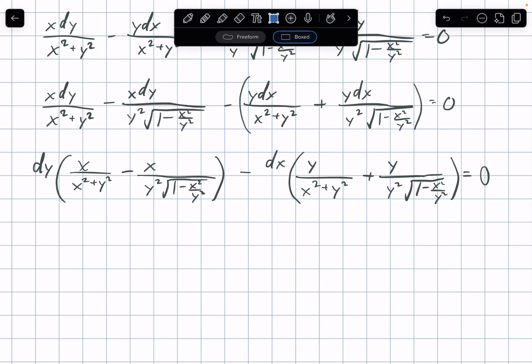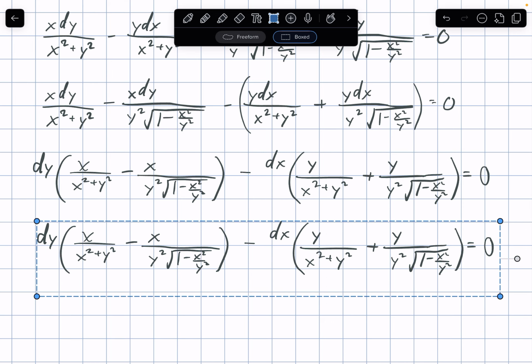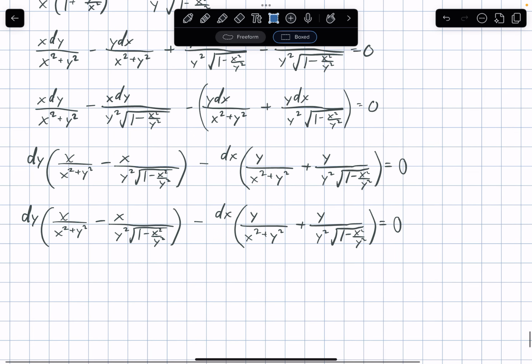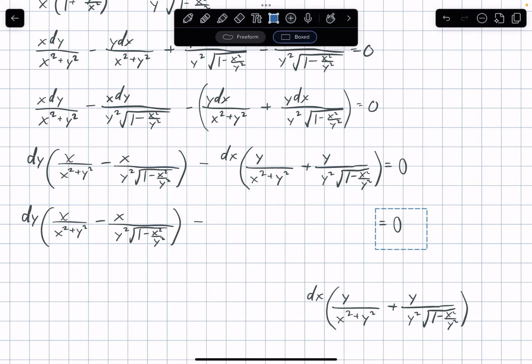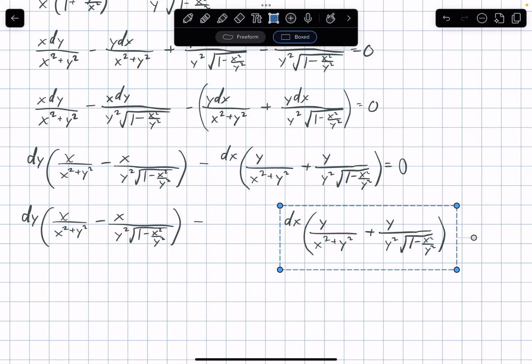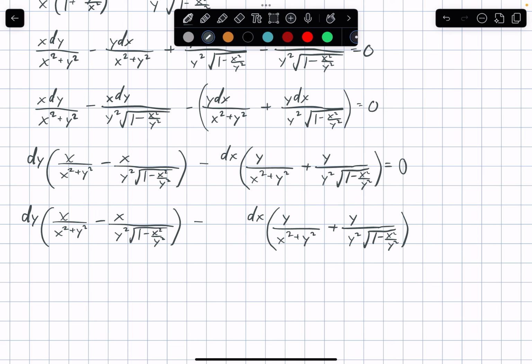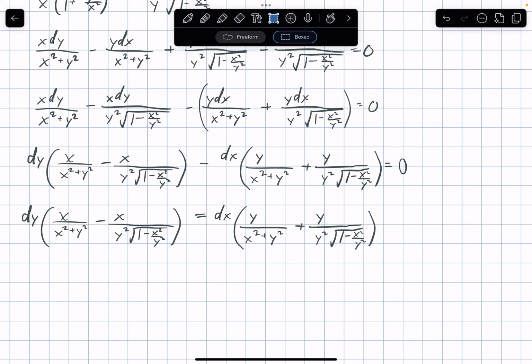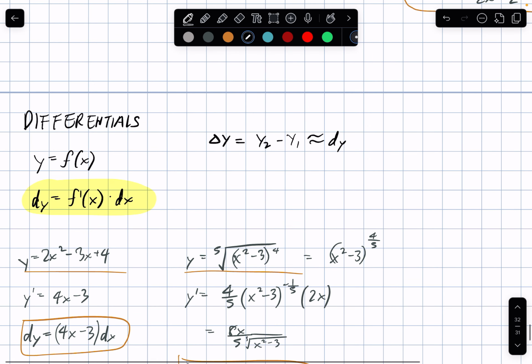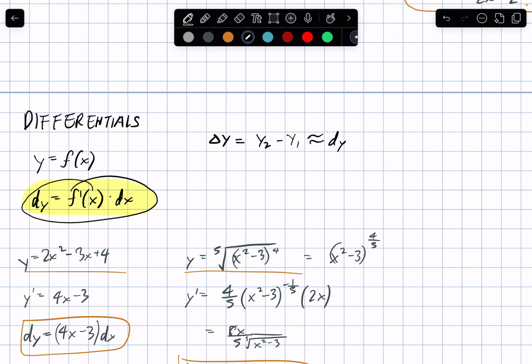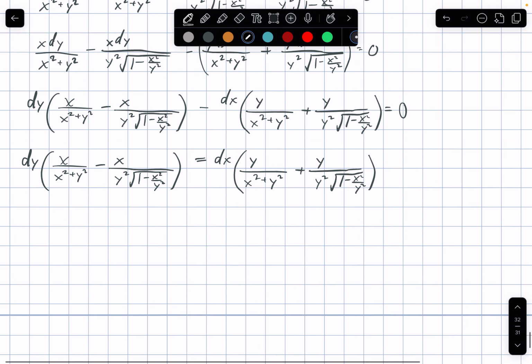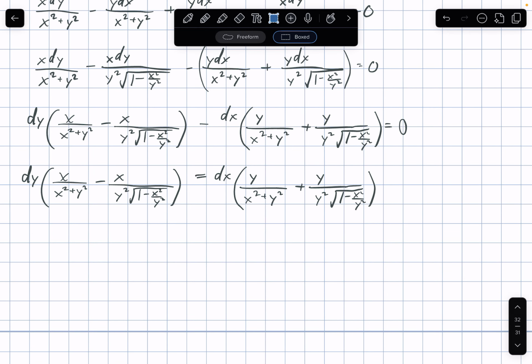So we transpose dx to the right side. And then following this format, dy at the left side and then the derivative and dx at the right side.